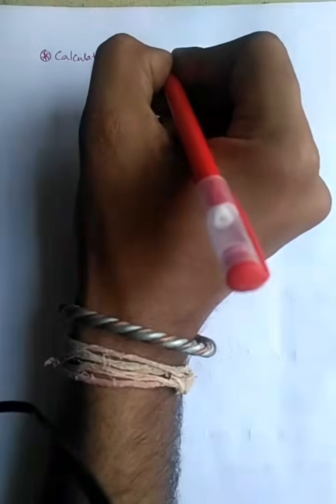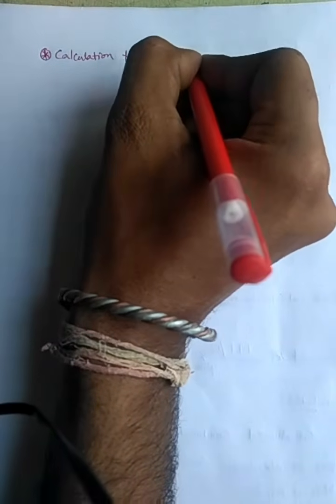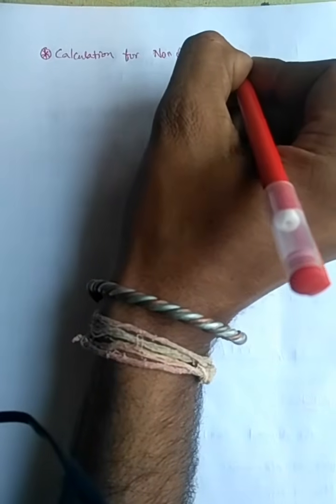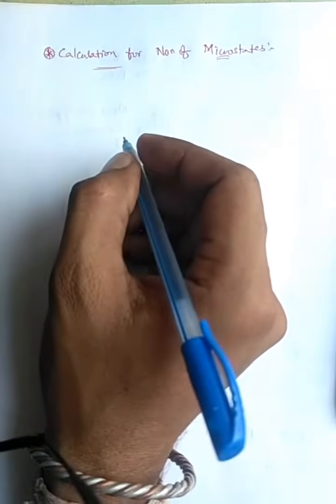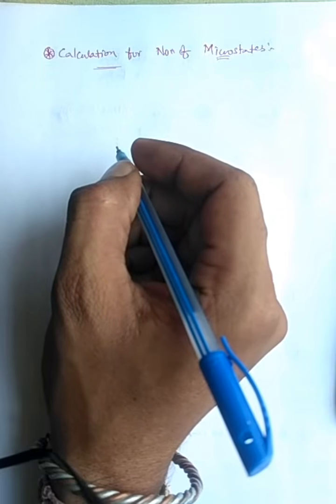In the last class, I also explained the calculation of the number of microstates for an electronic configuration, right? Here we have 3 basic formulas to calculate the number of microstates.